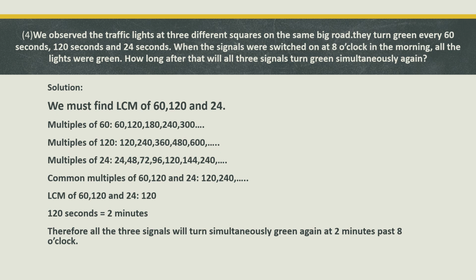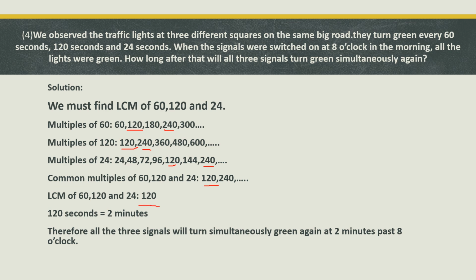I wrote the tables of 60, 120 and 24. The common multiples in all 3 tables are 120 and then 240. The smallest is 120, hence the LCM is 120.